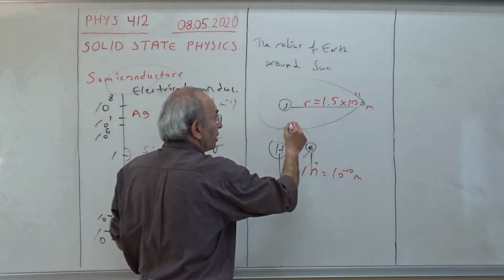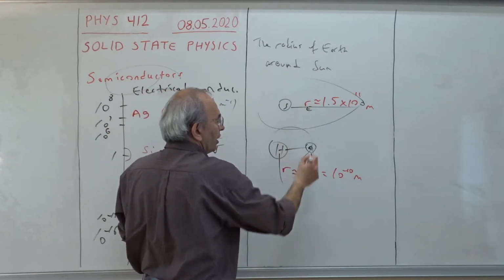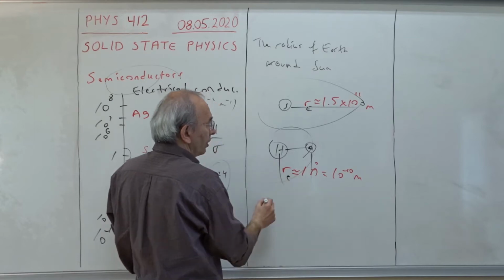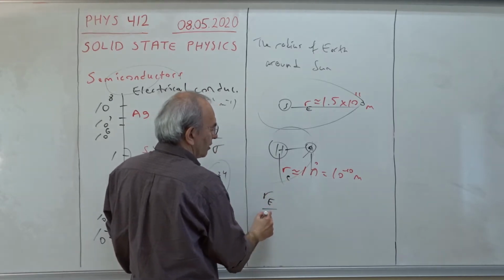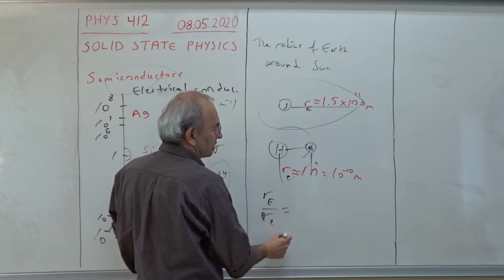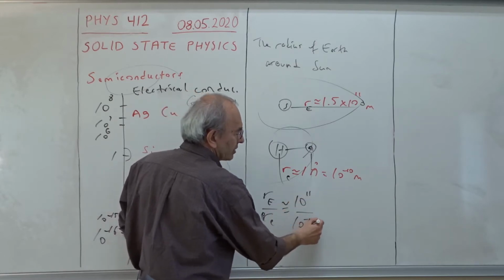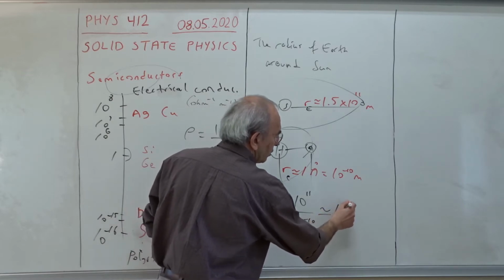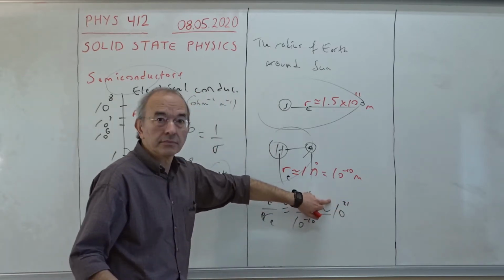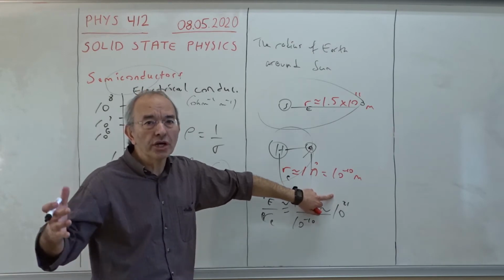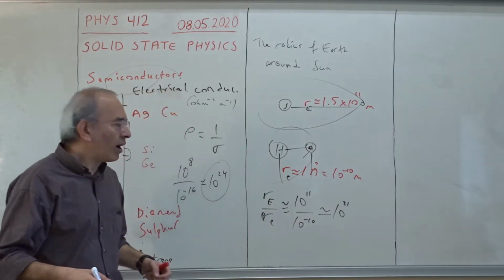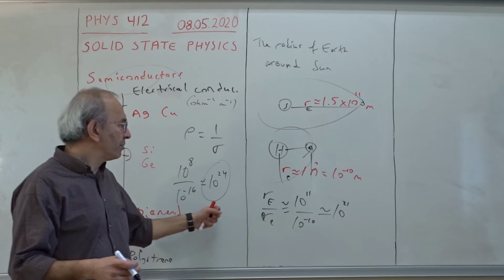So this ratio, radius of the Earth divided by radius of the electron, for instance, is approximately 10 to the 11 over 10 to the minus 10, so approximately 10 to the 21. Even this huge ratio is 1,000th of the previous ratio.